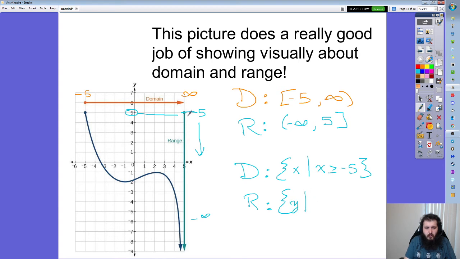And here, starts at 5 and goes down. Y is less than or equal to 5. Again, are either of these two superior to the other? No. Is one gonna hit better with you? Probably. Use that one. That's all I'm saying about that.